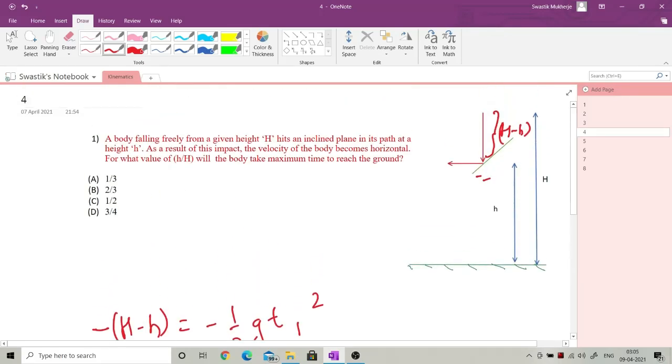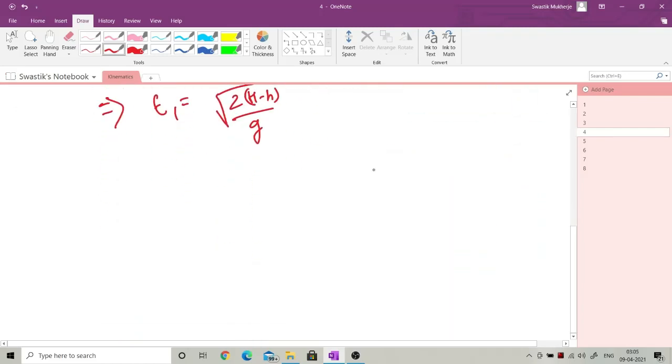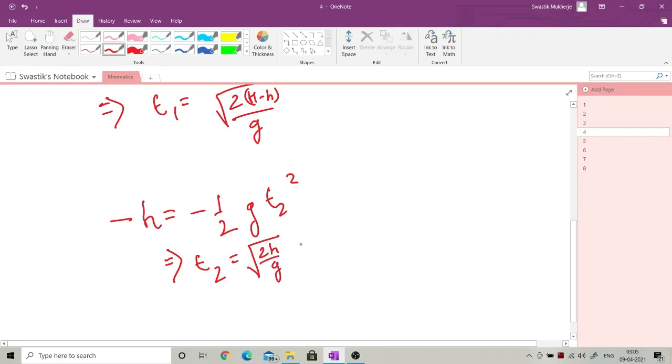Now for T2, the body has a completely horizontal velocity, it says, which means that the vertical velocity is again 0 starting from this point. So we can again apply the same kinematic equation for T2, which is minus h equals minus half g T2 square, which implies T2 is equal to root over 2h by g.